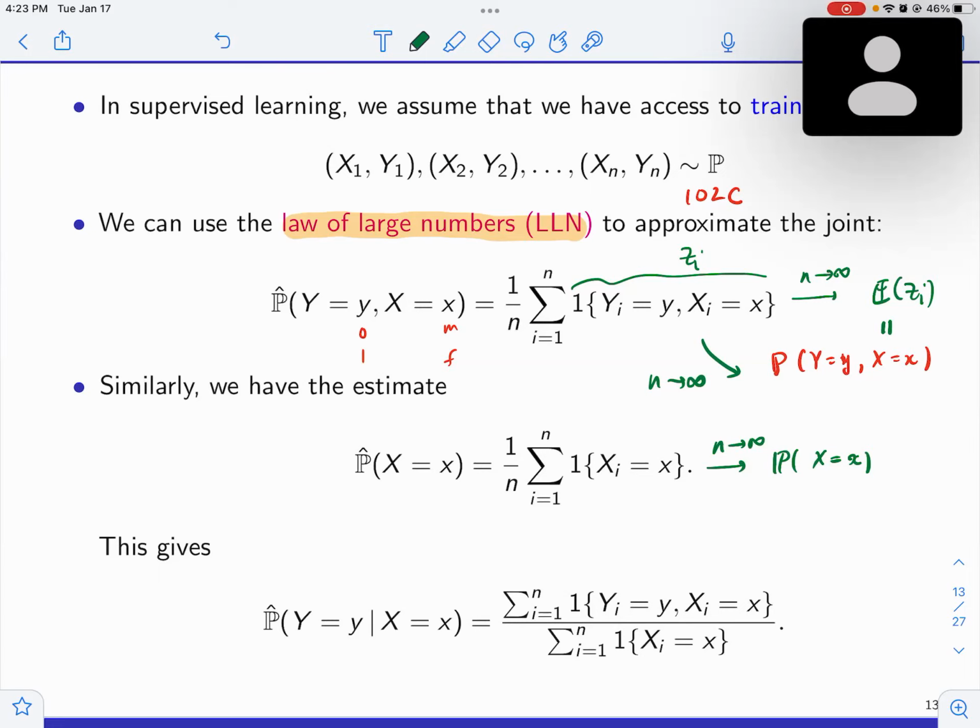I'm writing x because it could have xi here, but the probability doesn't depend on i because they all have the same distribution. This is like a generic x with the same distribution. So X1 up to Xn and X are IID from the marginal of that capital P.